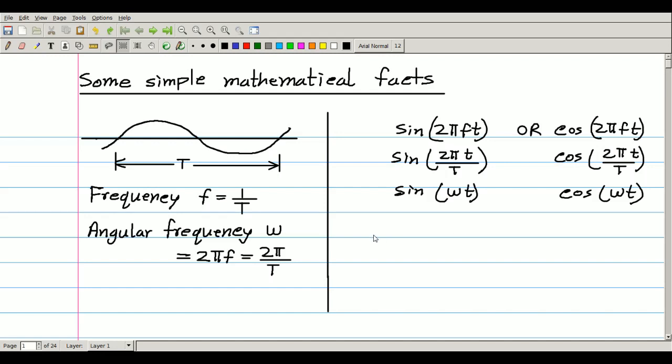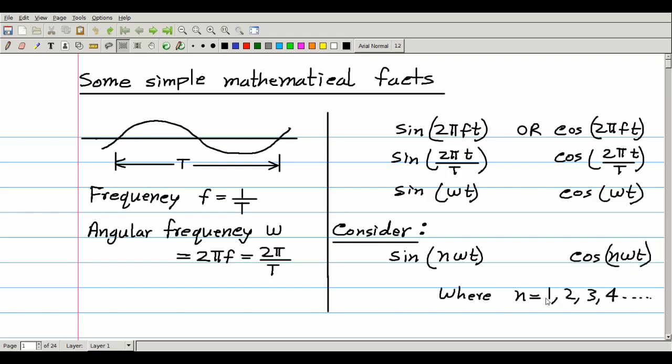Now let us consider signals of the form sine n omega t or cosine n omega t, where n is an integer 1, 2, 3, 4, etc. That means these signals have frequencies n times larger than that of this sinusoid.